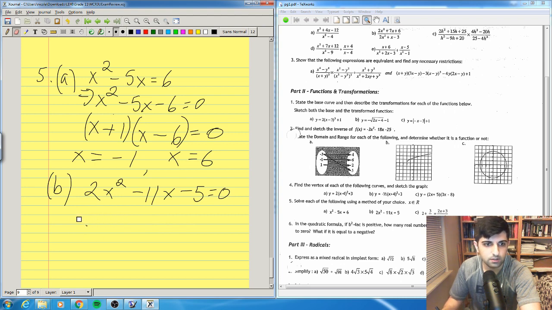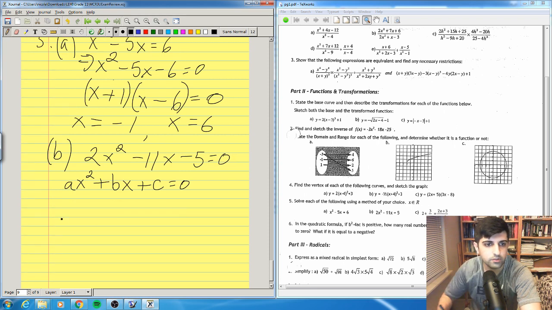Now, don't be confused between quadratic equation and quadratic formula. The quadratic equation in standard form is ax squared plus bx plus c. The quadratic formula is the solution to this equation.